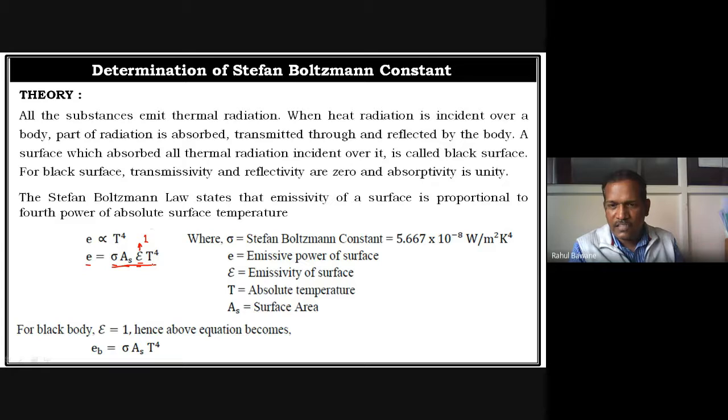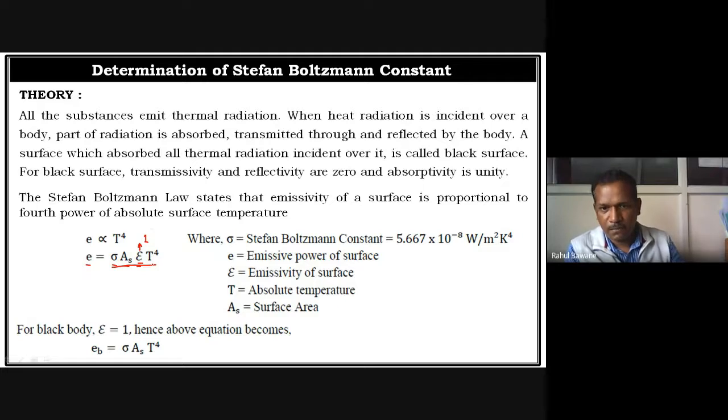So it is expected that our Stefan Boltzmann constant value will be nearby, 5 plus minus, with 10 raised to the power minus 8. Your value might become like 4.5 into 10 raised to the power minus 8, or 5.5, or 5.8 into 10 raised to the power minus 8.